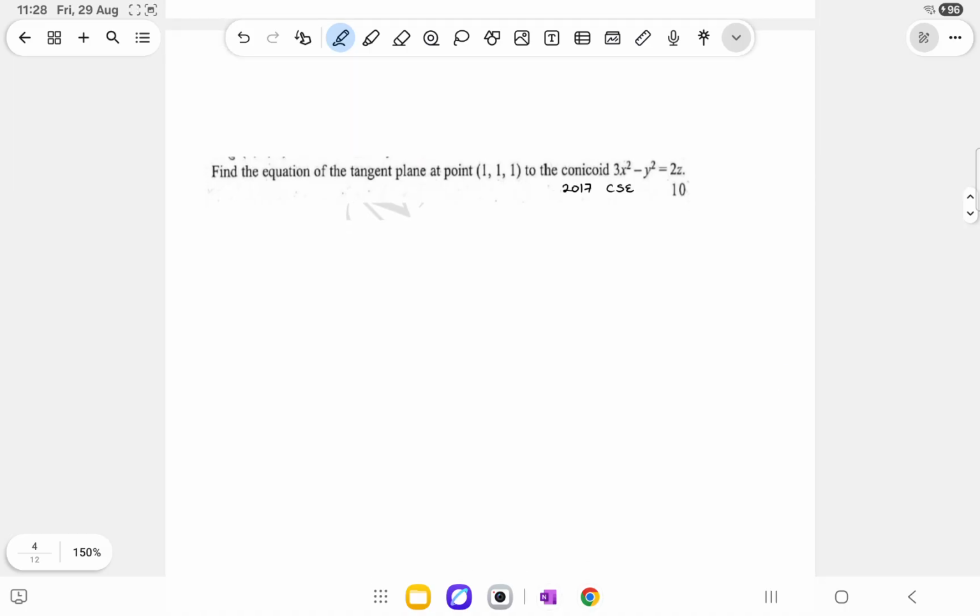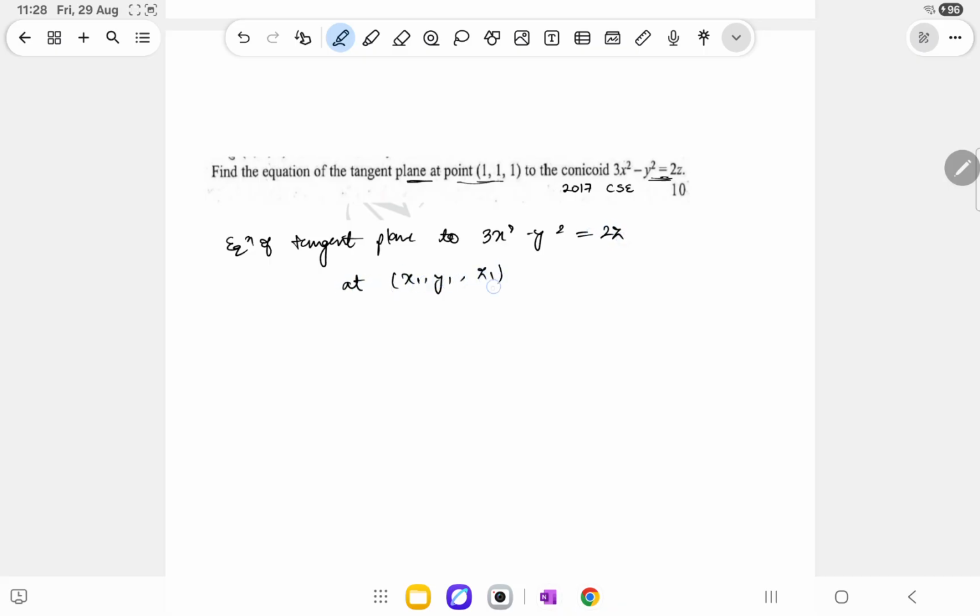The next question says: find the equation of tangent plane at this point to the given conicoid. We know that the equation of tangent plane to 3x square minus y square is equal to 2z at any point x1, y1, z1 is basically 3x x1 minus y y1 is equal to z plus z1.